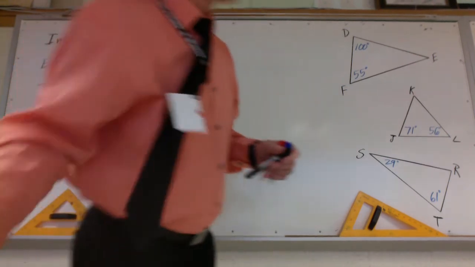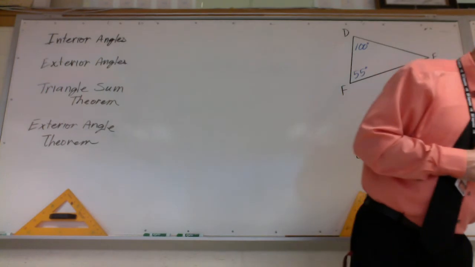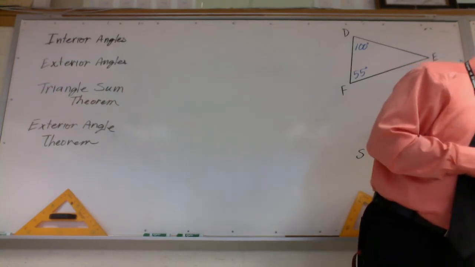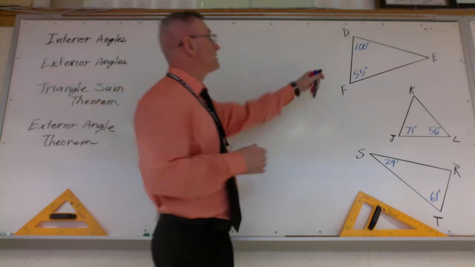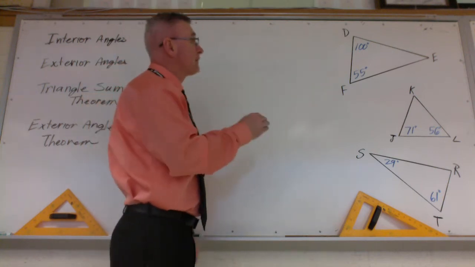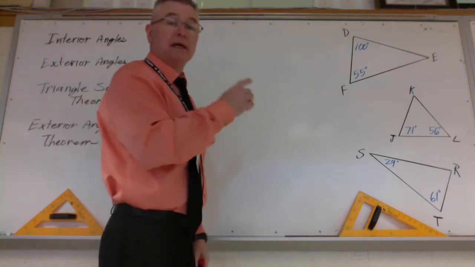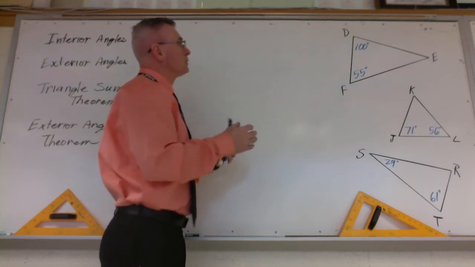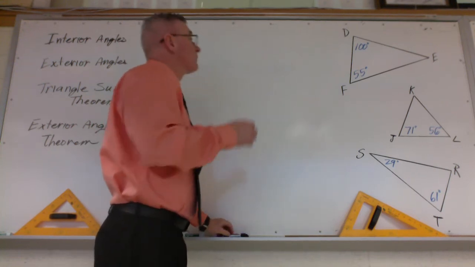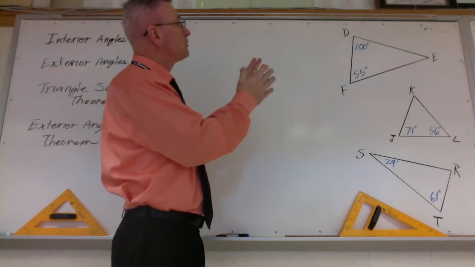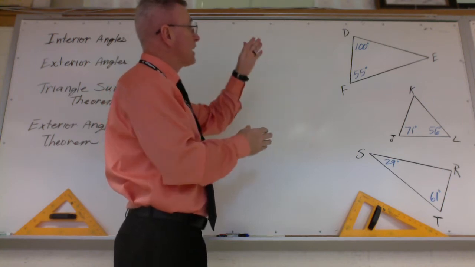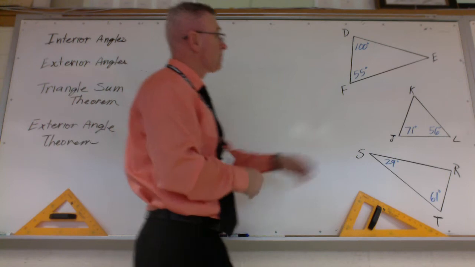So if you're working in your book on page 355, our first example is up here, and it says triangle DEF. What we want to be able to do here is figure out the measure of angle E if we know that D is 100 and F is 55.